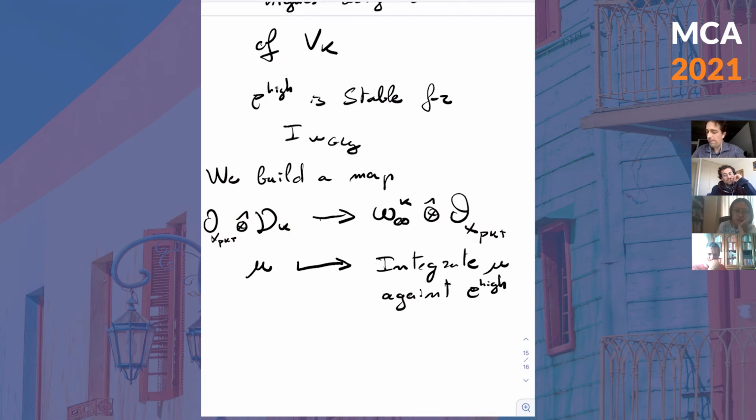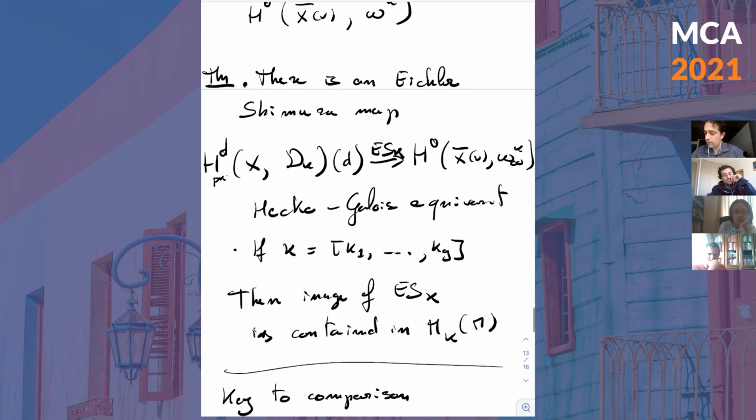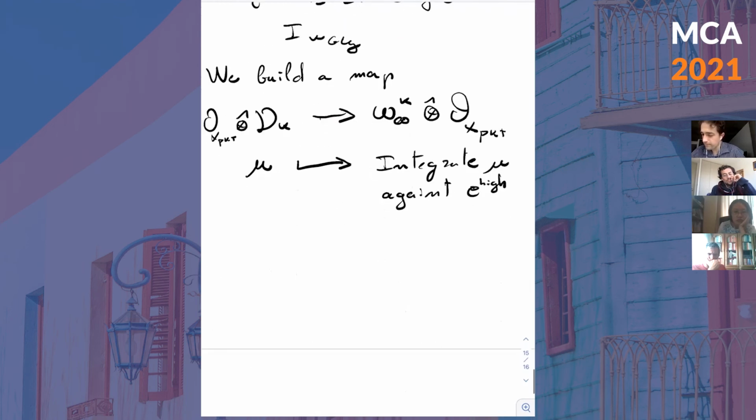And this is the key to the construction of our ES_kappa, because once we have this, let's call this eta_kappa. Once I have the map eta_kappa at the level of sheaves, I can induce ES_kappa on cohomology.